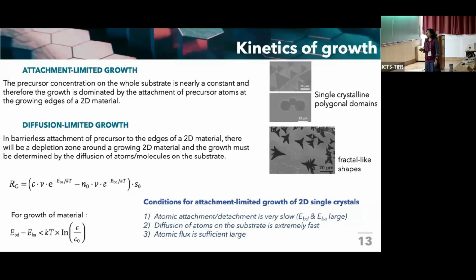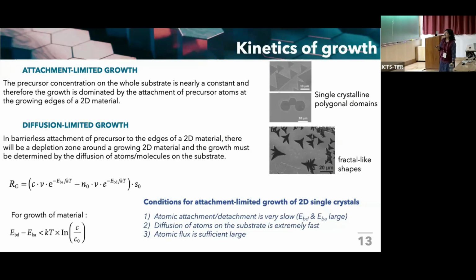And if you want to have attachment limited growth for obtaining these kind of 2D single crystals, there are three conditions to be met. The first one is the atomic attachment or detachment should be very slow. That means these energy barriers should be very large, so that there is no sudden attachment and depletion of the precursors in the growth region.